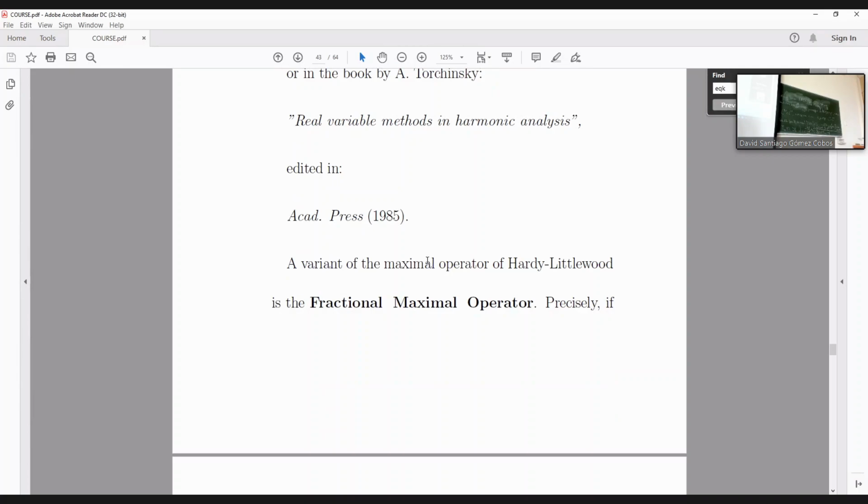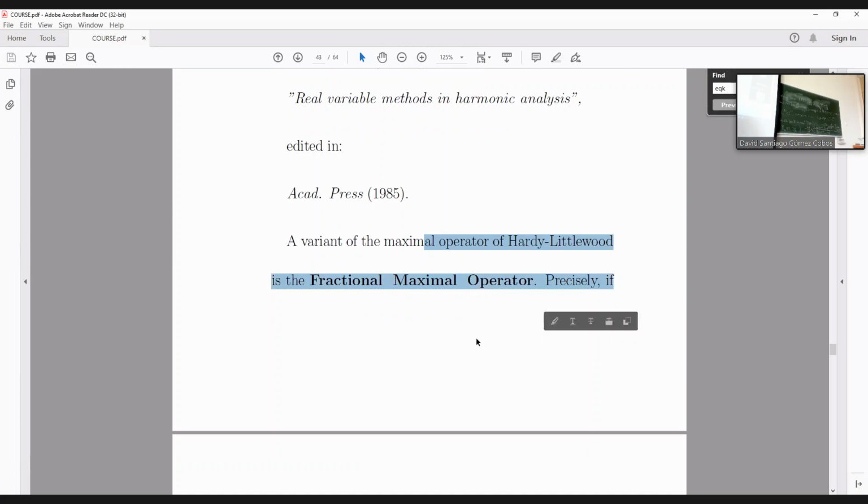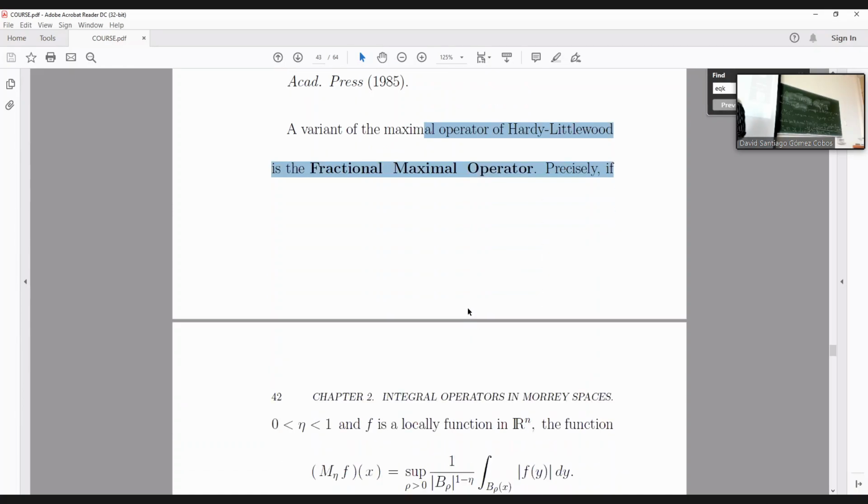A variant of the Hardy-Littlewood maximal operator is the fractional maximal operator. So let us give the definition of the fractional maximal operator. Let us consider eta between 0 and 1 and f a locally integrable function in Rn.